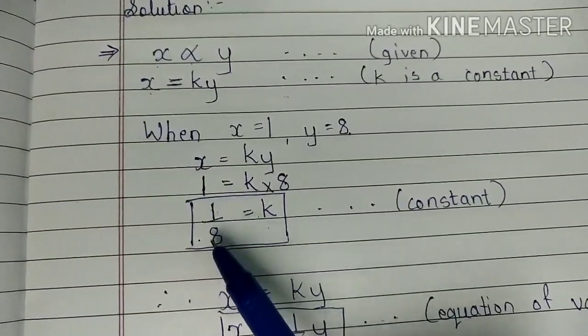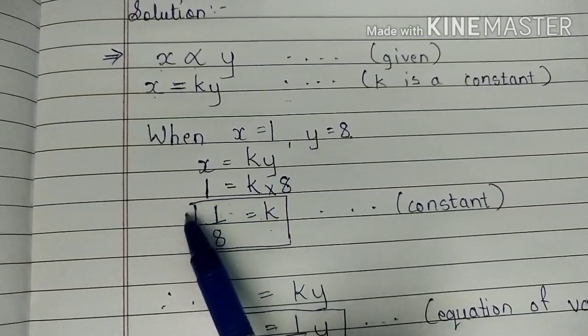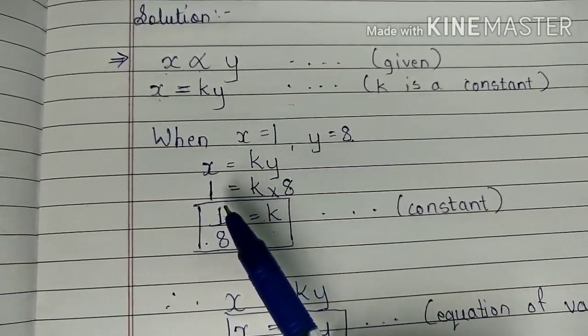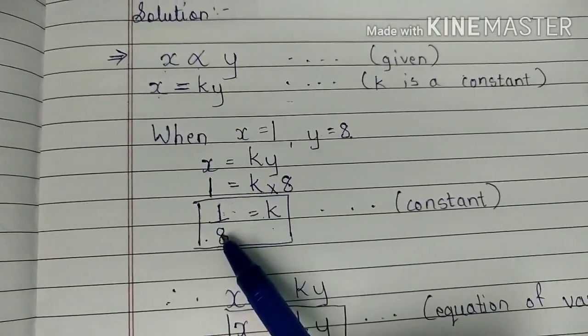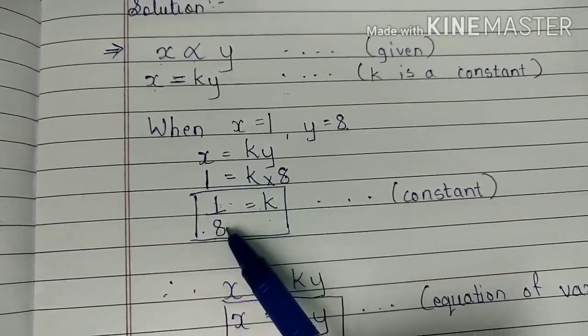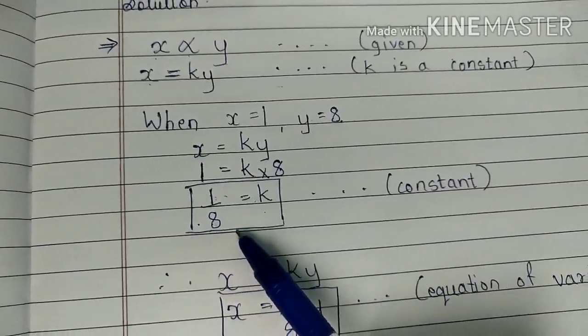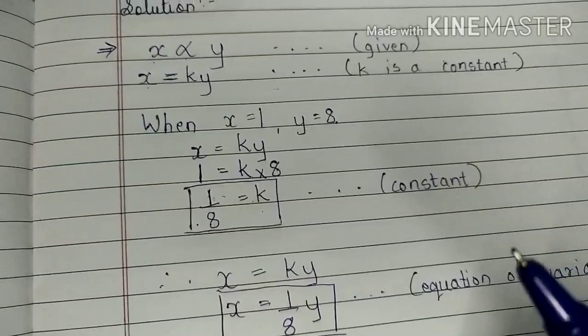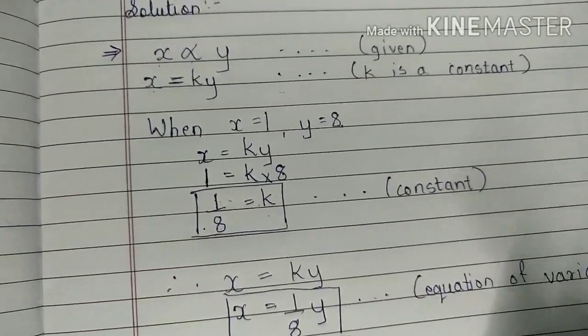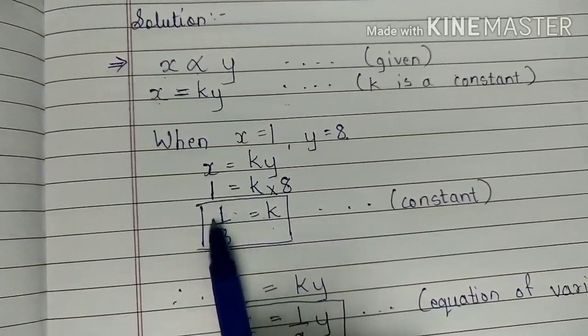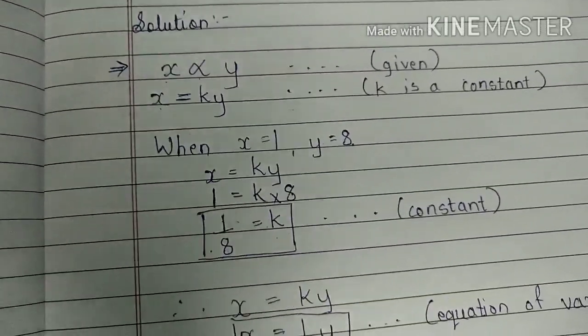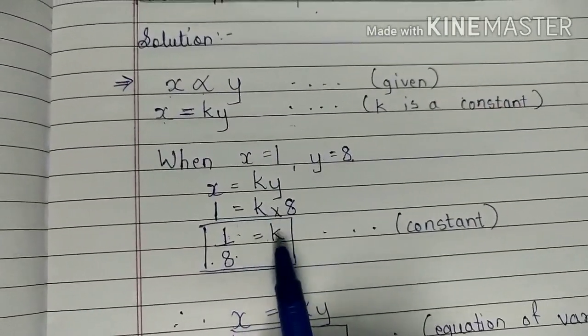If there was 2 upon 8, then 2 ones are 2, 2 fours are 8, it would become 1 upon 4. You can reduce if you come across any other number, but this is the last reduction that can be done. So this itself is used as k.